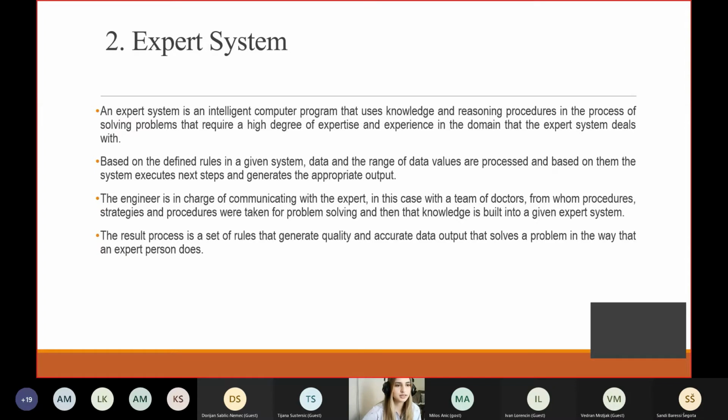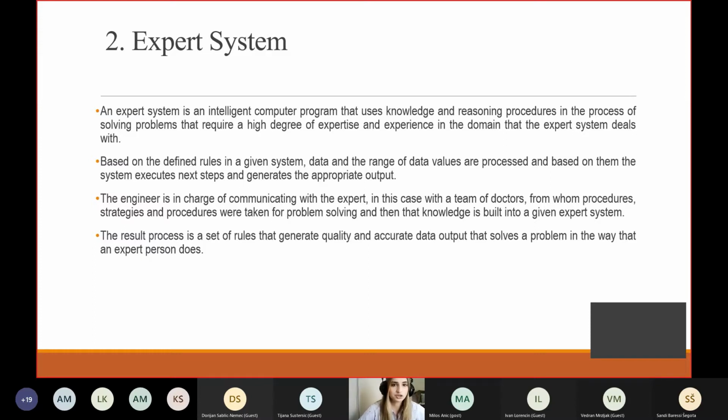An expert system is an intelligent computer program that uses knowledge and reasoning procedures in the process of solving problems that require a high degree of experience in the domain that the expert system deals with.